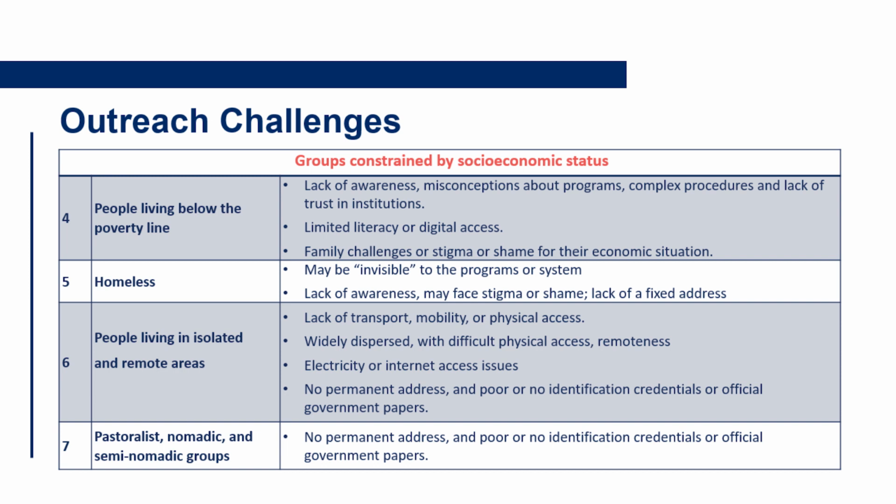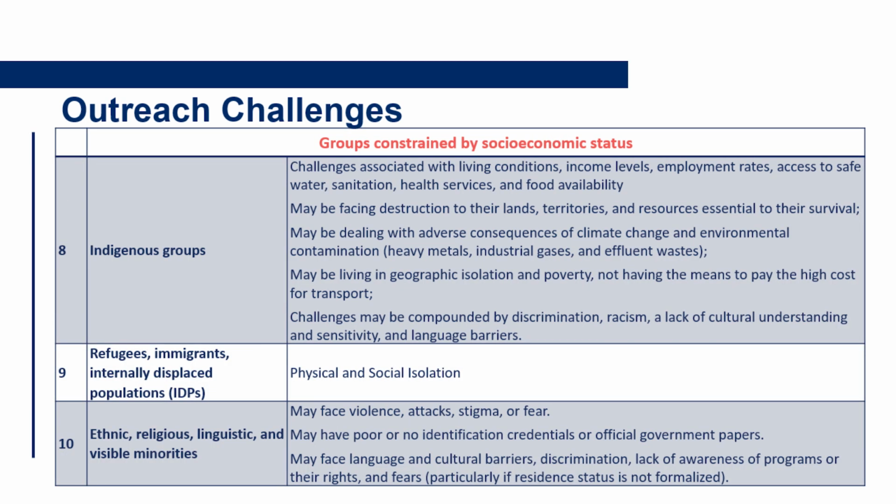Another category is people living in isolated and remote areas, along with groups that are nomadic and semi-nomadic in nature with no permanent address or no identification credentials. Another category constrained by socioeconomic status is indigenous groups, who have challenges associated with living conditions, income level, employment rates, and also face multiple deprivations.